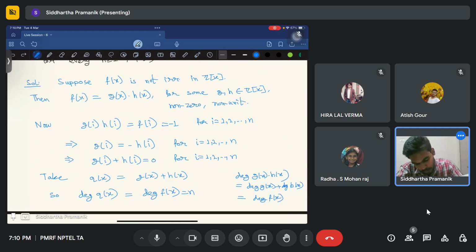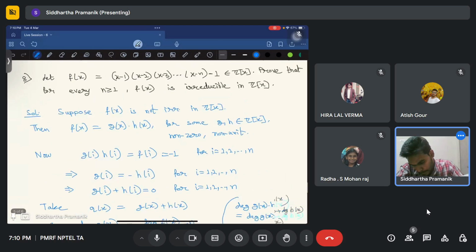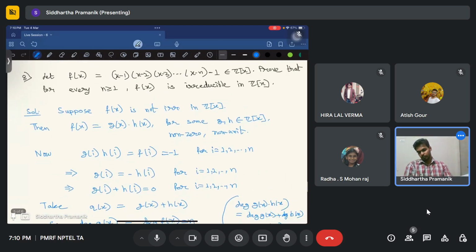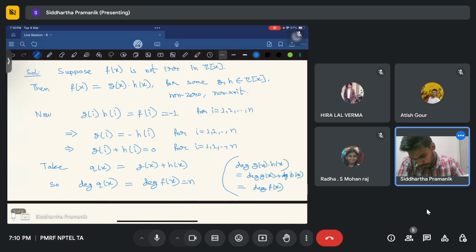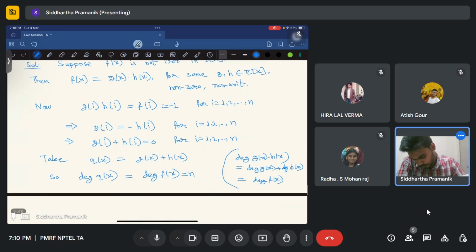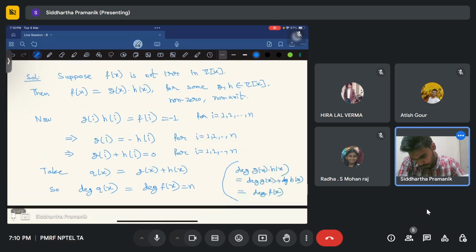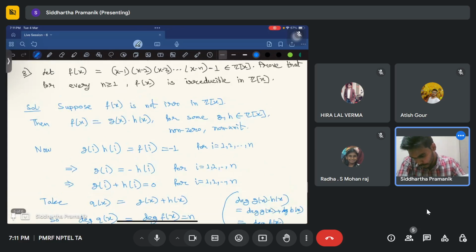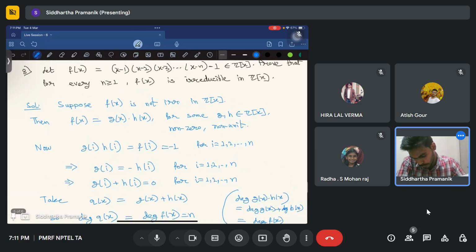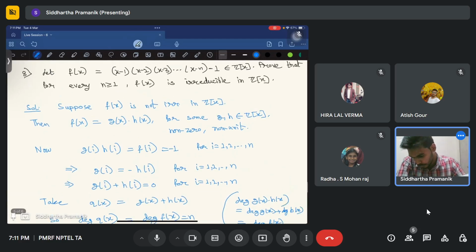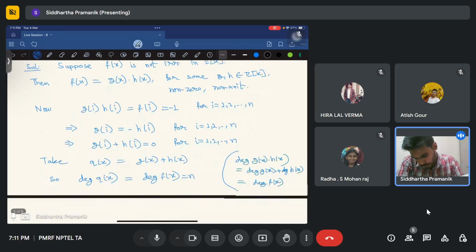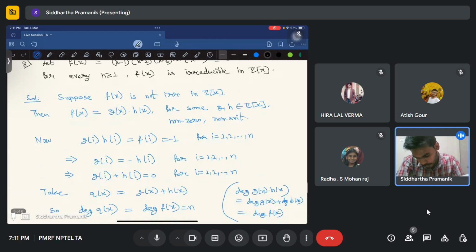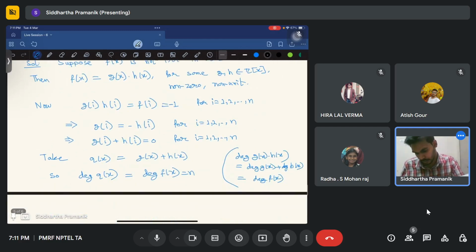Can you see it from here? Okay. So it seems we cannot do it from here. We need some other idea.